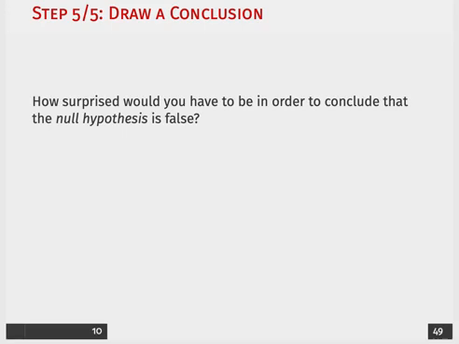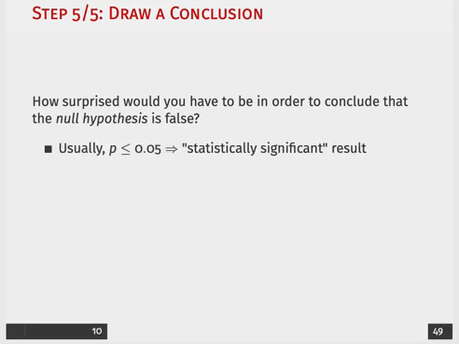The final step of hypothesis testing is finally drawing a conclusion from that p-value. So we have to answer, how surprised would we be in order to conclude that the null hypothesis is false? Essentially, in other words, what is the bar that we're going to set as evidence to reject the null hypothesis? And I'm sure that you've heard this before.